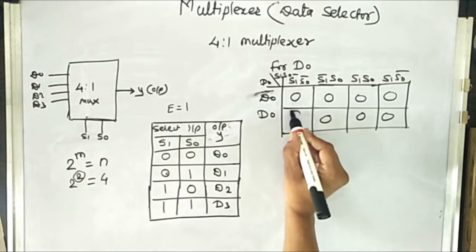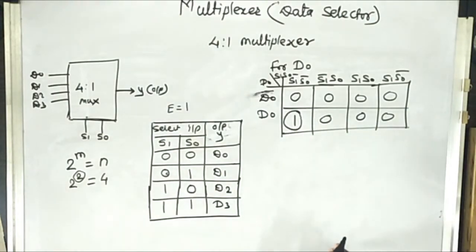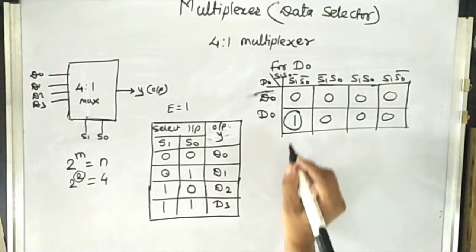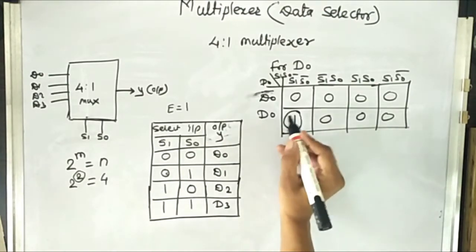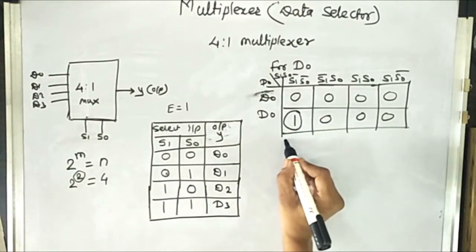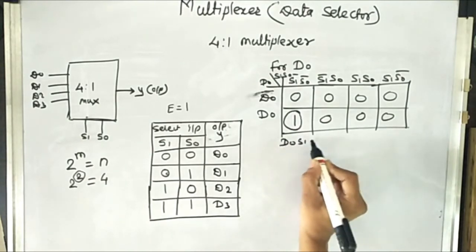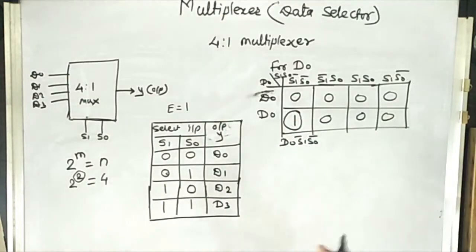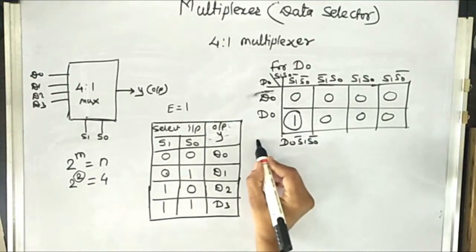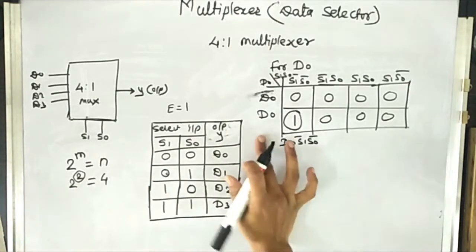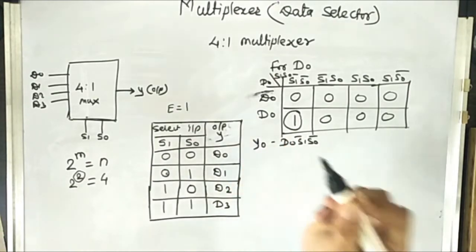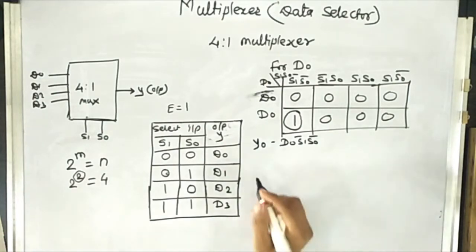Here no grouping is possible, so we consider only this one and write the equation for it, that is D0 S1 bar S0 bar. This is what we get for the D0 output, or we can say it is the Y0 output.